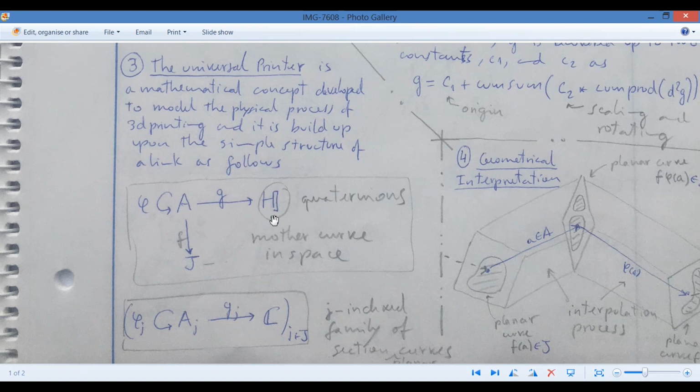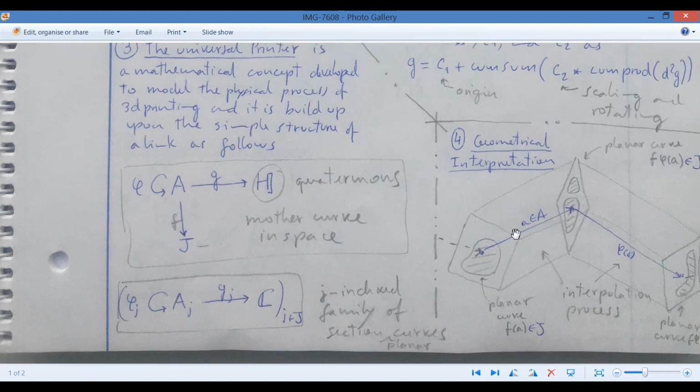But it's similar to before, except that instead of the complex plane, we have quaternions. You see, we also have the transition map and the realization map. What we have further now is an indexing family of planar curves. To each index, we associate a planar curve. And then what is the interpretation? The interpretation is this drawing that I tried to make here.